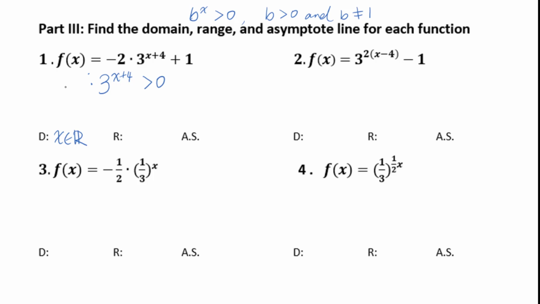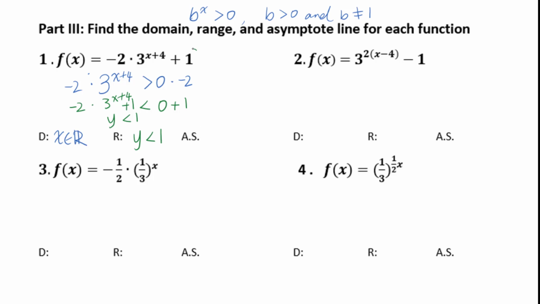For the range, we know 3 to the x plus 4 power greater than 0. Then we multiply by -2 on both sides. We need to switch the symbol. -2 times 3 to the x plus 4 power less than 0. Then we add 1 to both sides. This will be y less than 1.